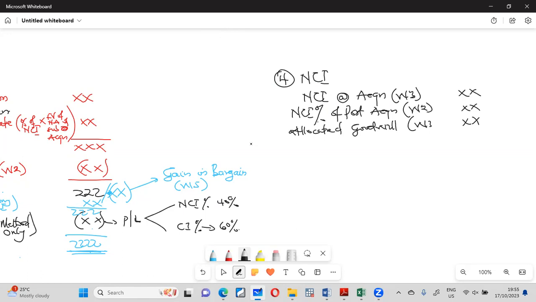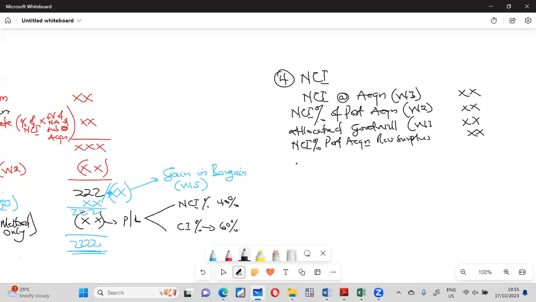Then if there is any post-acquisition revaluation surplus, if an asset was revalued, you bring that one to the NCI share of post-acquisition, you add that one too.